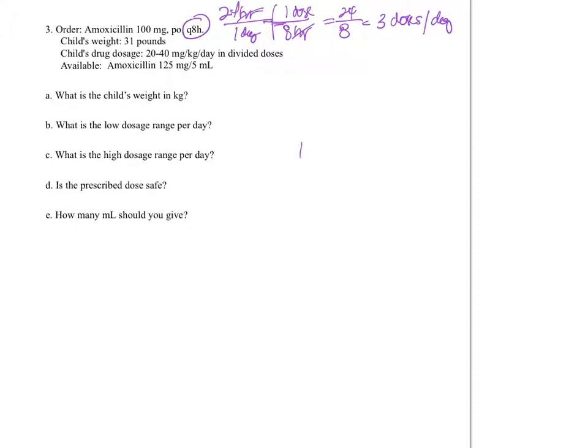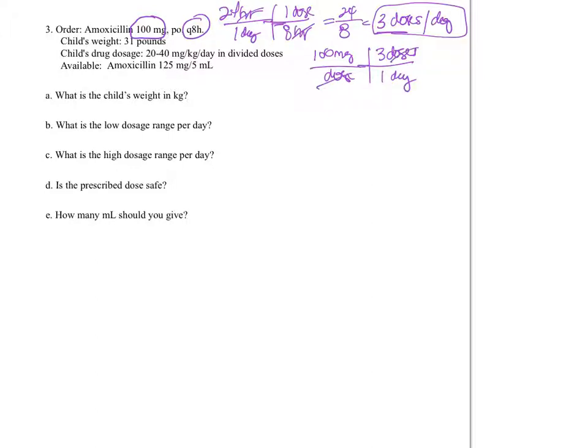The next thing I want to do is see what the total milligrams a child is getting per day. We calculate this by 100 milligrams per dose, right? That's what it says we're getting, 100 milligrams PO Q8 hours. And then we have 3 doses per day.